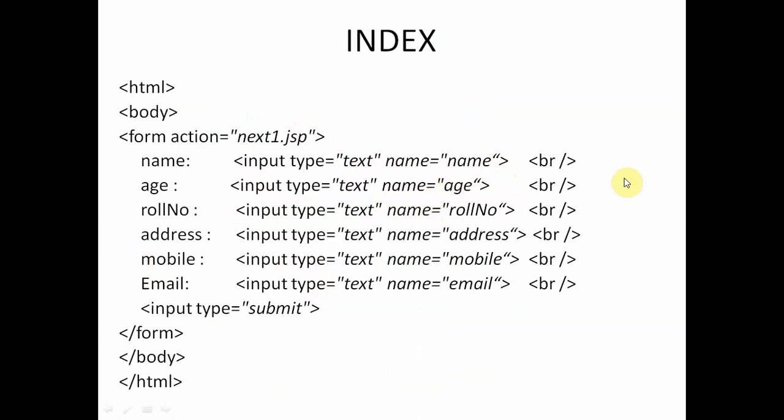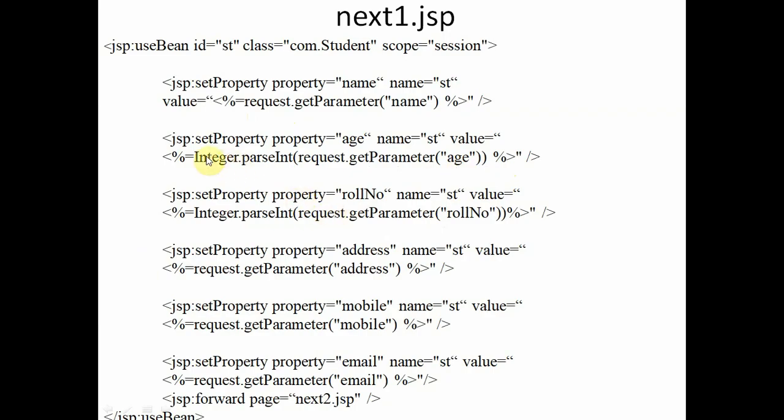Then request.getParameter age field, on the second line Integer.parseInt request.getParameter age, and in case of roll number Integer.parseInt request.getParameter roll number. In case of address request.getParameter address, then request.getParameter mobile and request.getParameter email. After completing all this we will forward with jsp:forward page next.jsp.